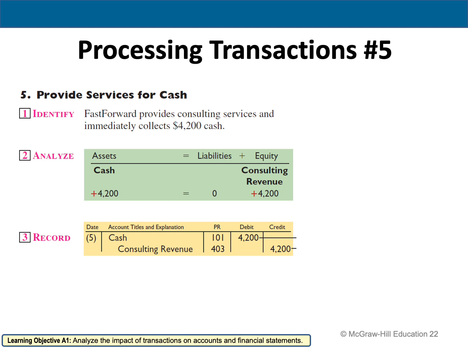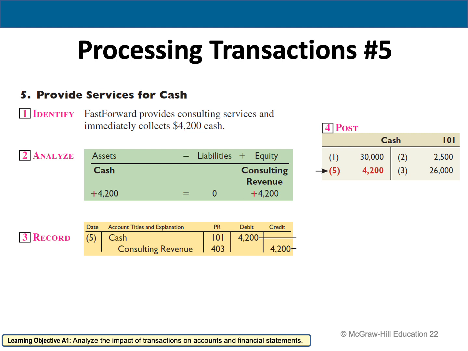Now the fourth step is the posting. Again, I'm going to draw the T account of the cash, and I'm going to draw a T account of consulting revenue. We can see that the cash is increasing, so I'm going to write the transaction number. This is transaction number 5, and I'm going to record the 4,200 on the debit side of the T account of the cash.